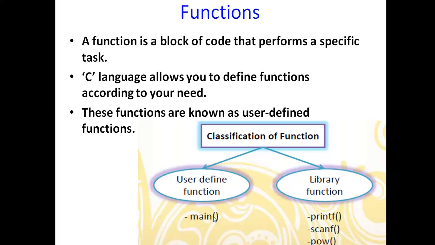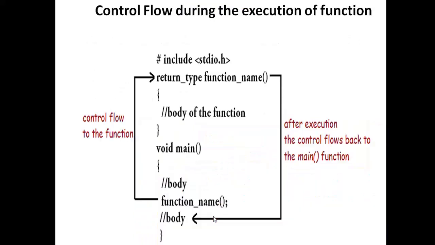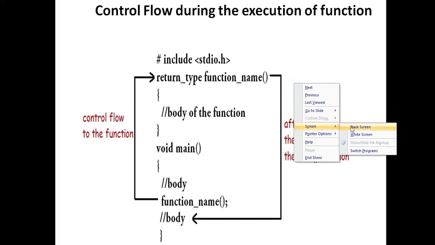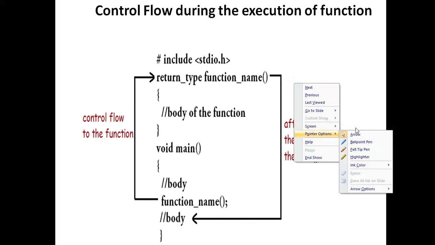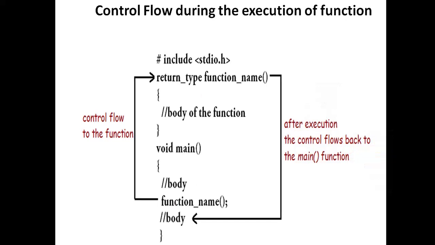So let us look in detail. Before starting with functions, I want you all to understand how the flow is, or how a function looks. What we are going to discuss, I will just show. You know that the execution starts from main.